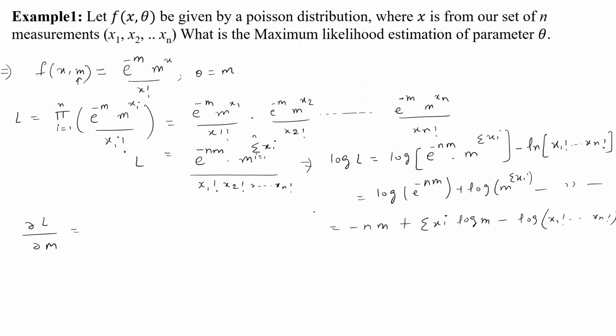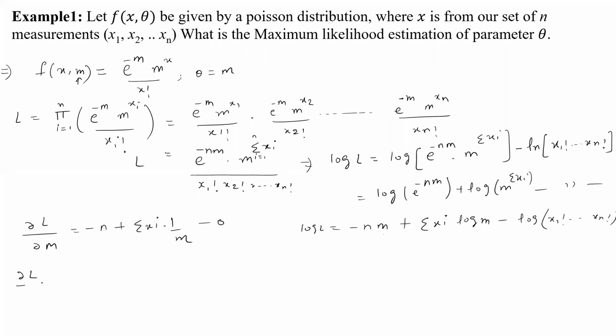So now I will differentiate this term with respect to m. When I differentiate with respect to m, you will get minus n, since m becomes 1, plus summation of xi into 1 by m, and minus 0.